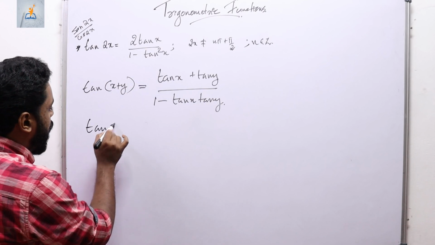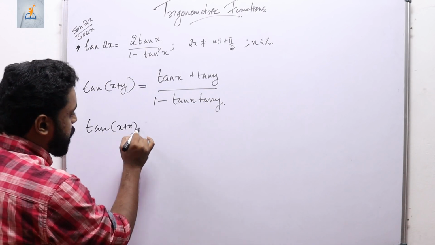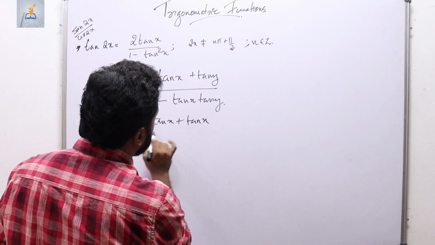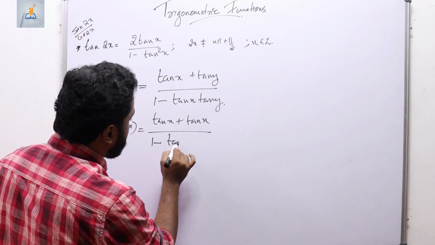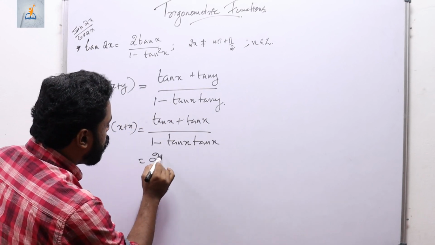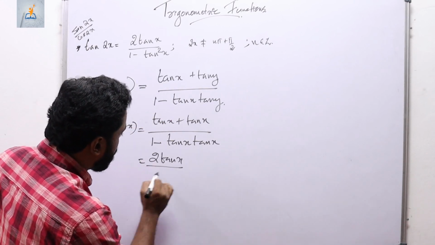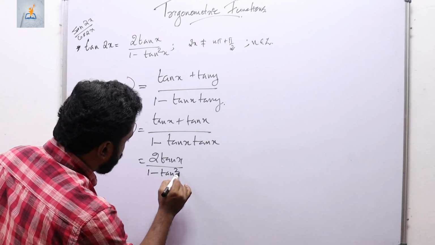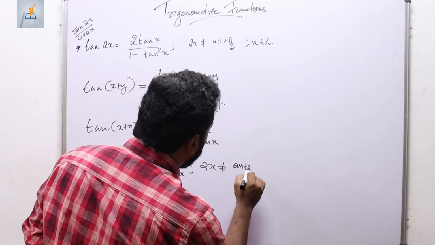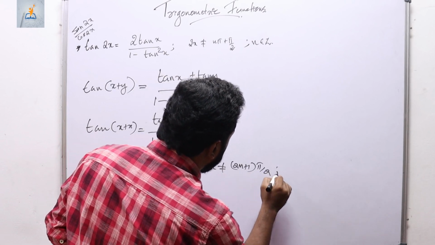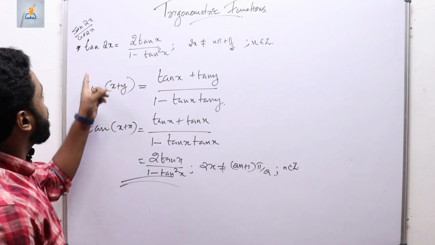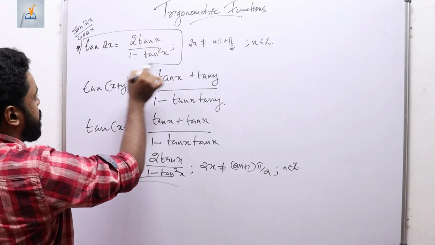So tan x plus x, which is tan 2x, is equal to tan x plus tan x divided by 1 minus tan square x. It is equal to 2 tan x divided by 1 minus tan square x, where 2x must not be equal to an odd multiple of pi by 2, where n is an element of the integers. So this is the identity for tan 2x. You must learn this very well.